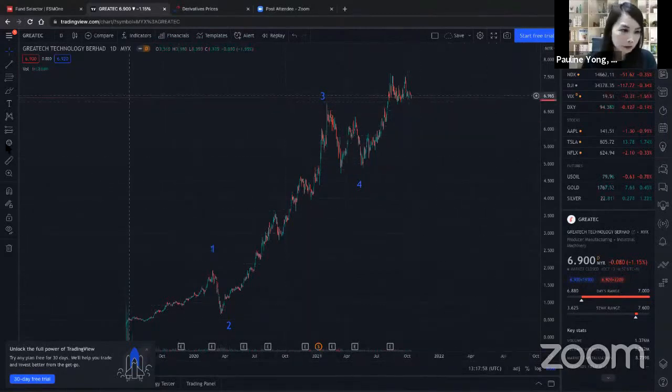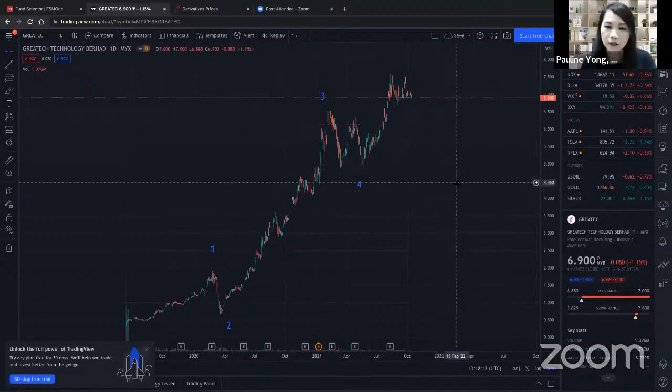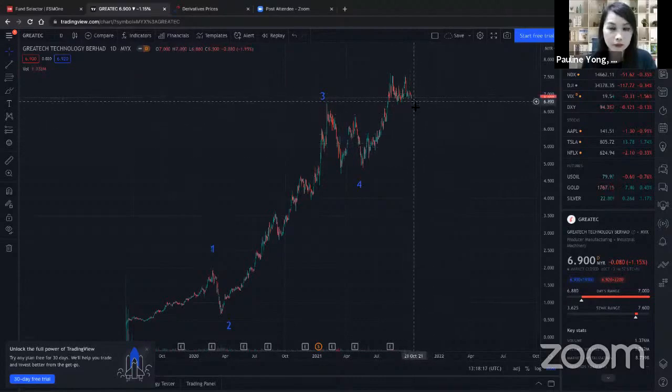For example, I can't draw from here, but let's say you see my cursor, and it says that I have A, B, C. Let's say this correction wave is a zigzag, meaning it is going down.